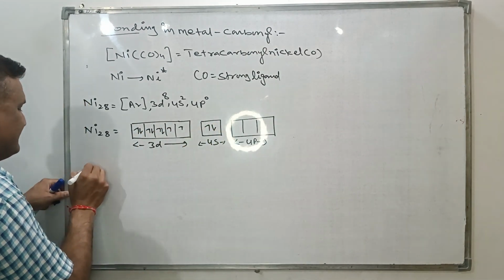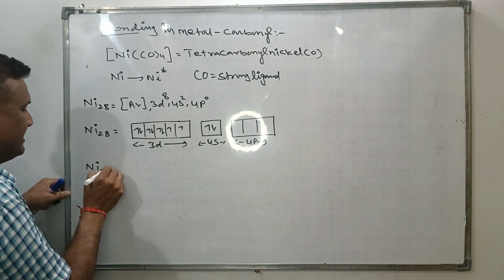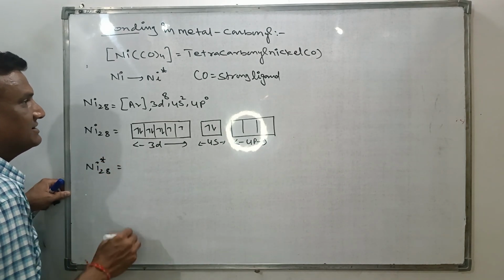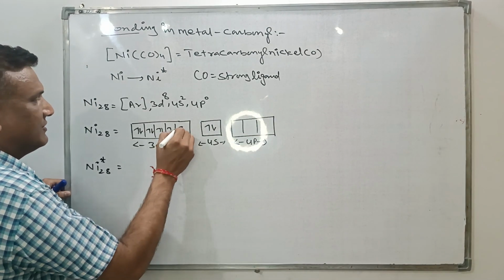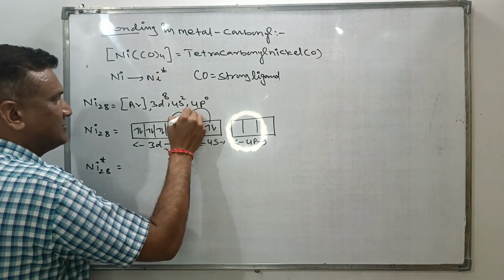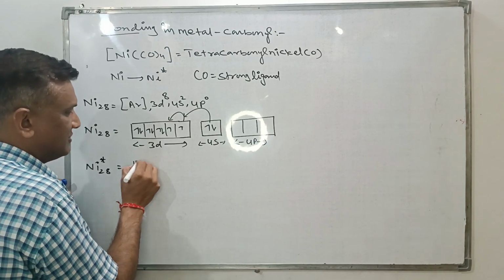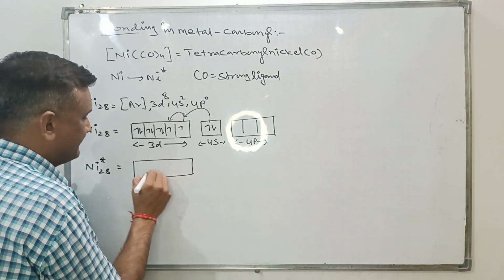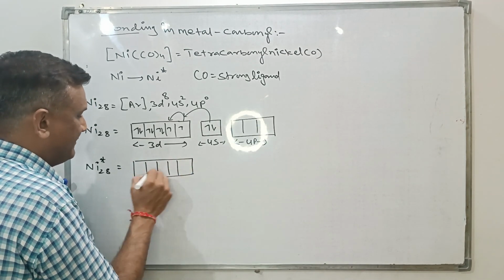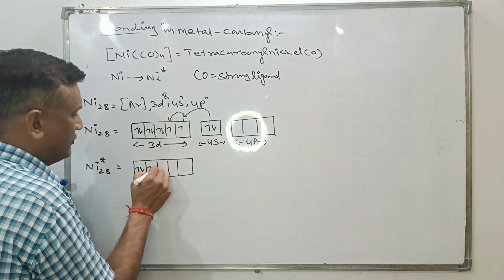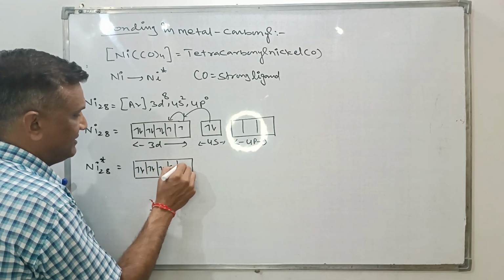In the excited state, what will be? It will be a rearrangement because CO is a strong ligand. So these 2 electrons will be over here. So 3d will be 10 electrons, 2, 4, 6, 8 and 10.